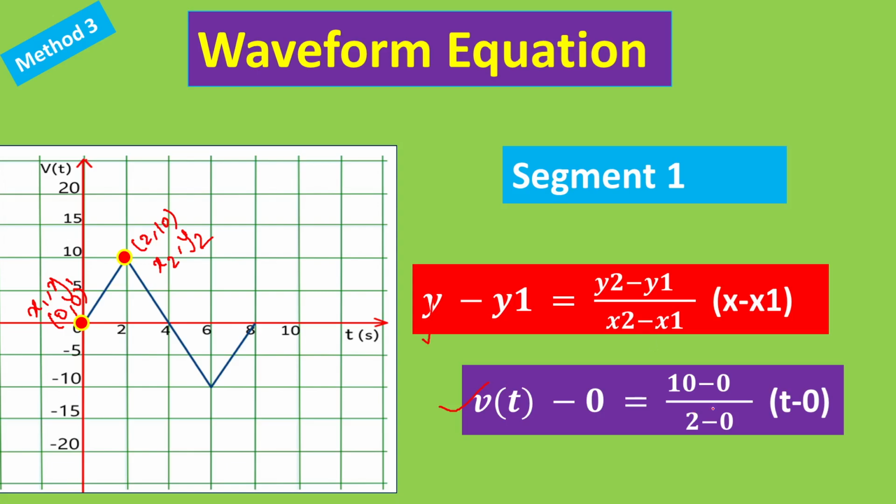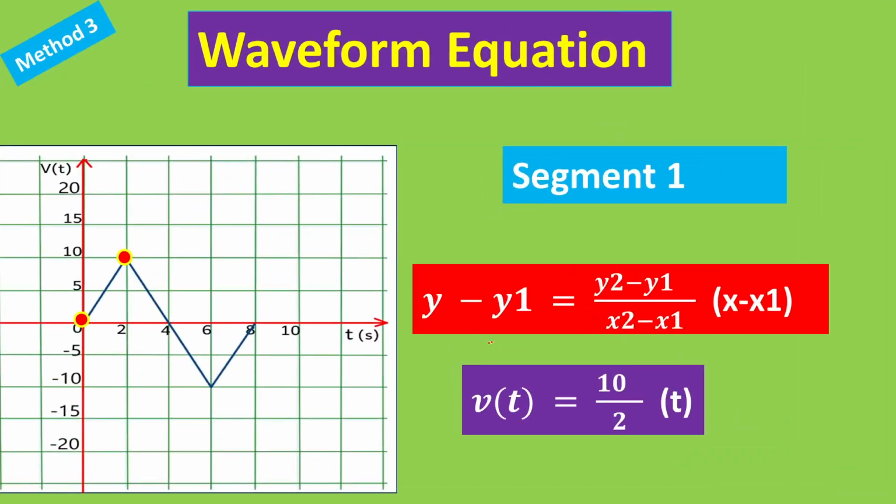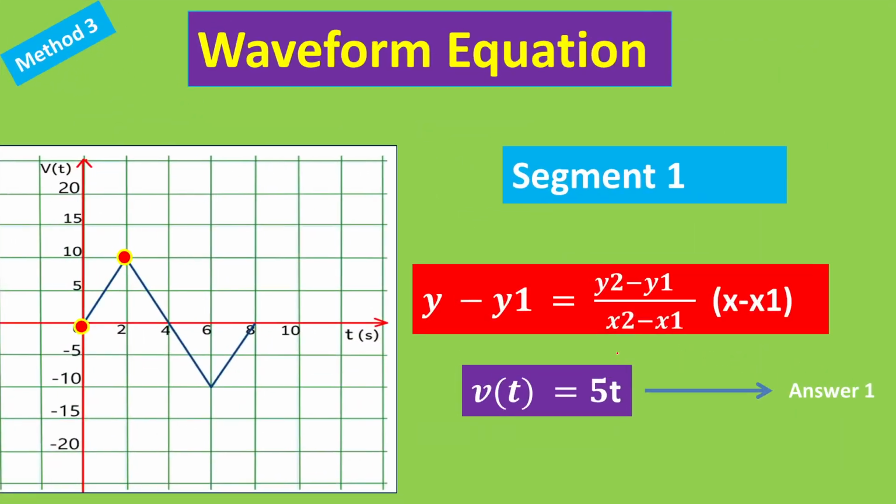X2 value is 2 and x1 value is 0. So substituting here, instead of x the t value, and instead of x1 you put 0. So doing the calculation, you will get 10 by 2. V of t equal to 10 by 2 into t. So it is 5t, okay, for the first segment.